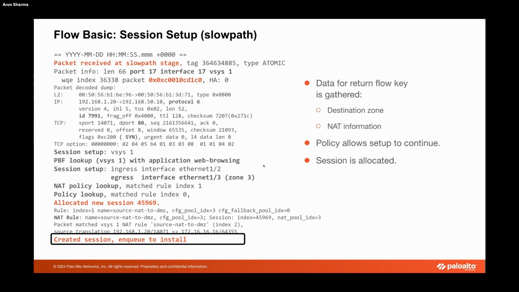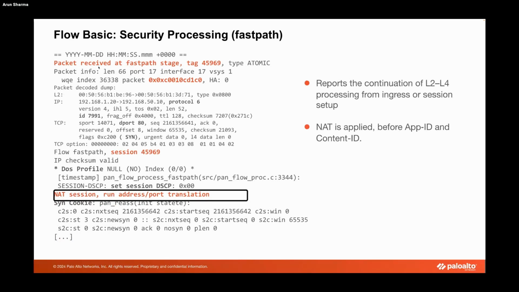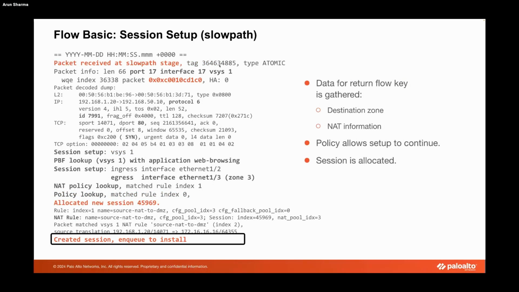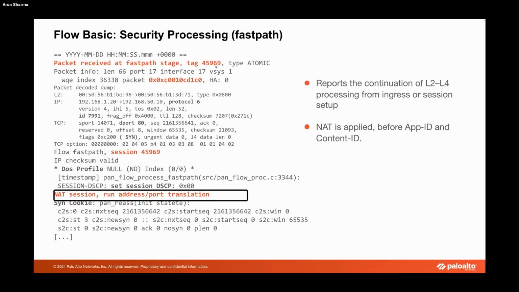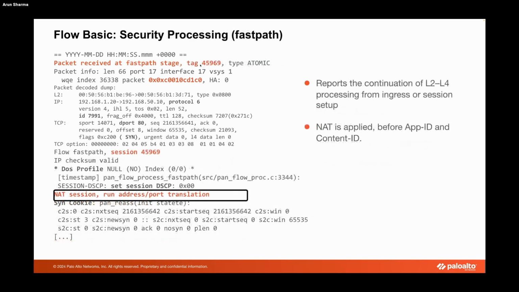Okay, let's move on to fast path. So this is the fast path, packet received at fast path stage. If you compare the tags here, this has 364. This tag is not making sense here. But when you see allocated new session 45969, you will see the same tag here. So it is using the session ID as a tag to identify that traffic as fast path traffic.